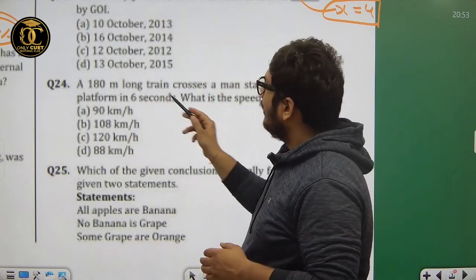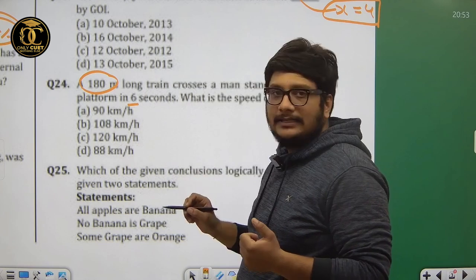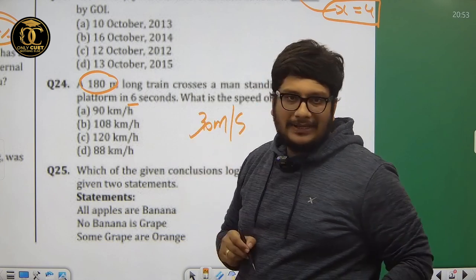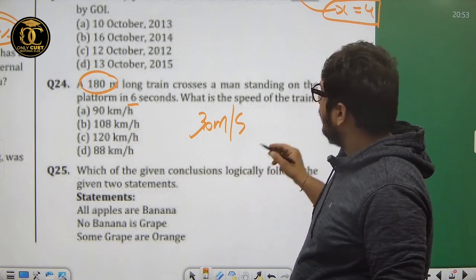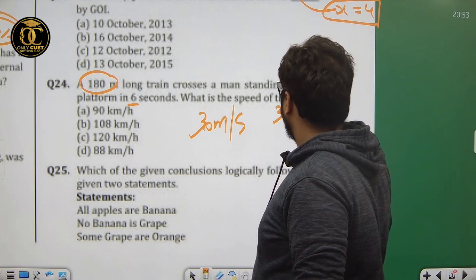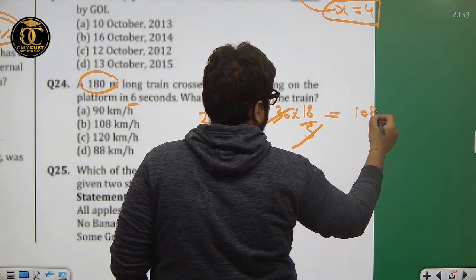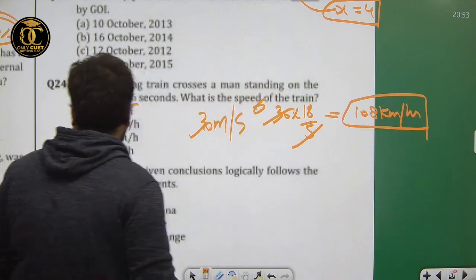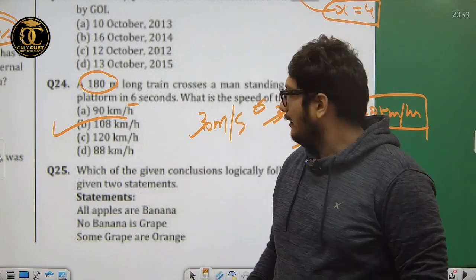So that means 180 meter is being crossed in 6 seconds. That is 30 meter is crossed in 1 second. That is the speed of the train. Speed of the train 30 meter per second, calculating into kilometer per hour: 30 into 18 upon 5. 6 into 18 is 108. That is 108 kilometer per hour is the speed of the train. Option B is the correct answer. This was an easy one.